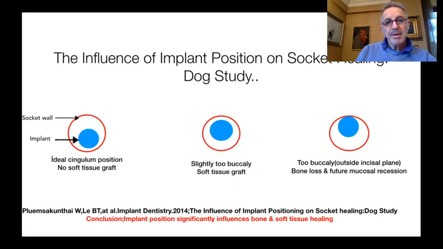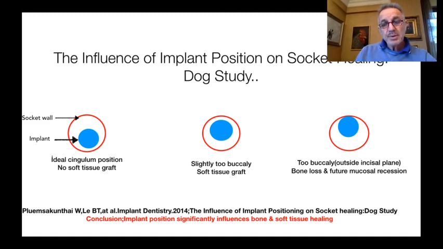So remember the influence of implant position on socket healing. On the left side, if you place your implants ideally, like in our case, you don't need a soft tissue graft. But if your patient has a thin phenotype, I recommend you do that. If your implant is positioned slightly buccally, you definitely need a soft tissue graft.